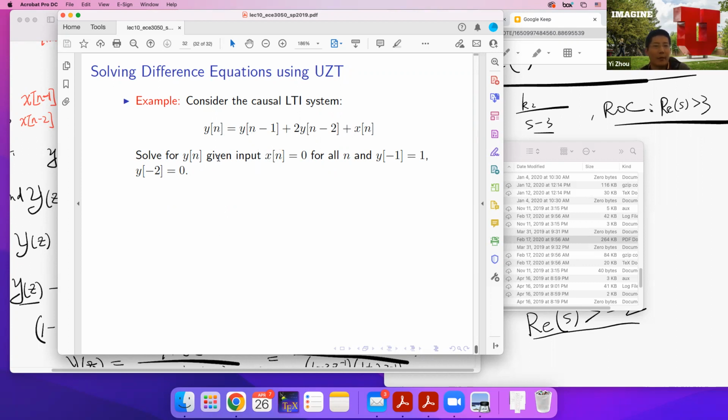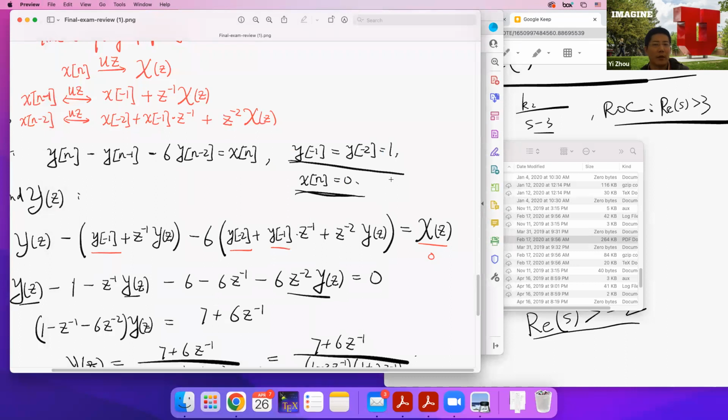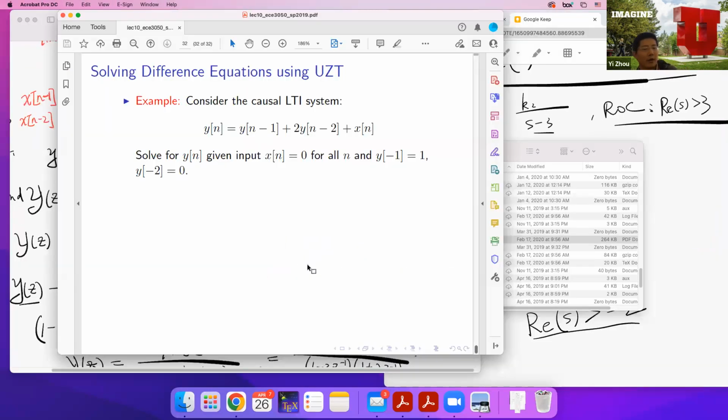We are given 0 input and 2 initial conditions. You can follow the same idea: apply the unilateral transform and solve this equation for the unilateral transform. Then from there, you can directly identify the inverse. In the end, you can figure out the output signal of this system.